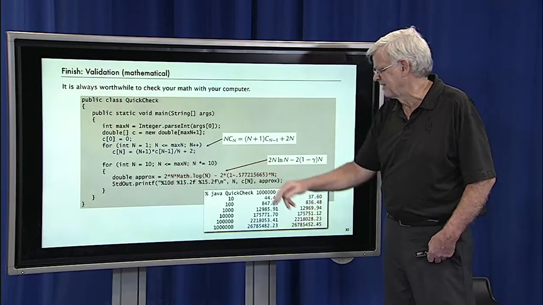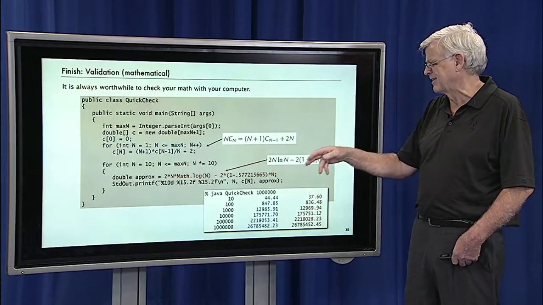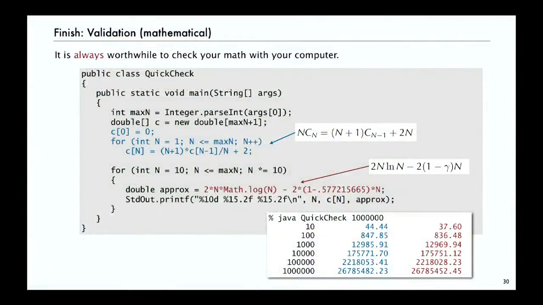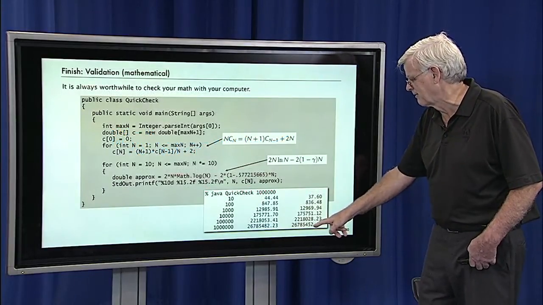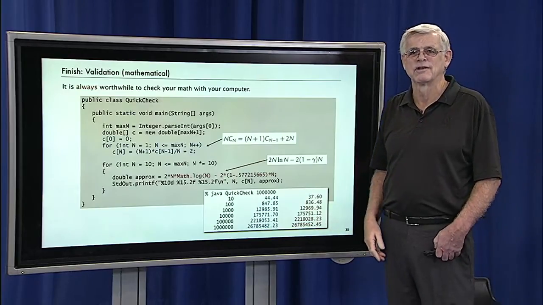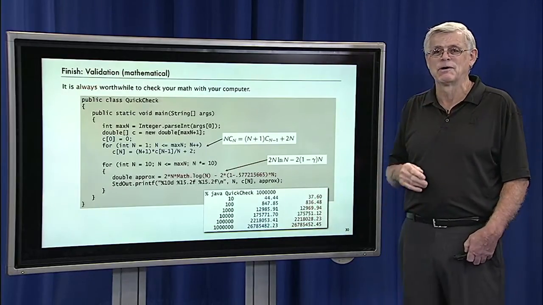That's 2n times Math.log in Java, which is natural log of n, minus, and look up Euler's constant, that's a value. And I can also, as I mentioned, compute the actual values of Cn. And then I can just print out a table, and sure enough, that's a check that we're within 30 for a million. That's pretty close. And we could actually get closer if we wanted.